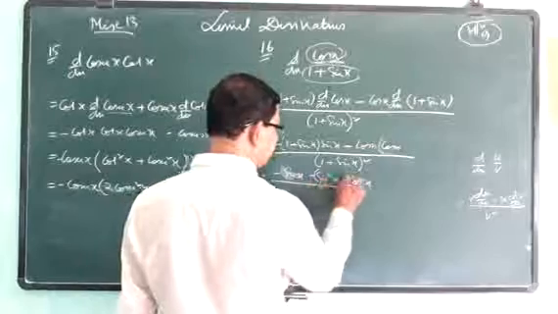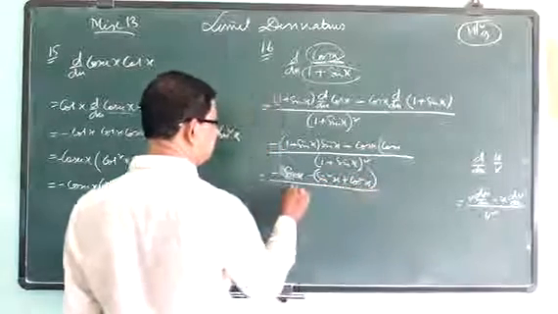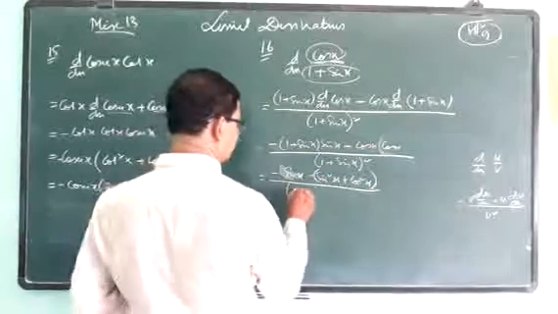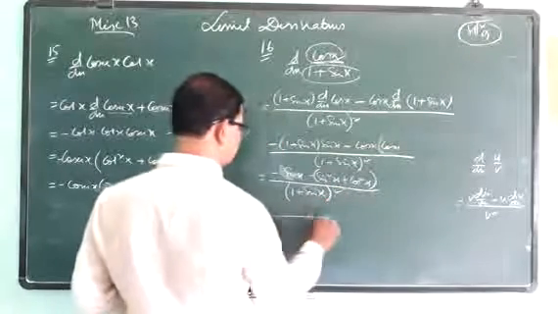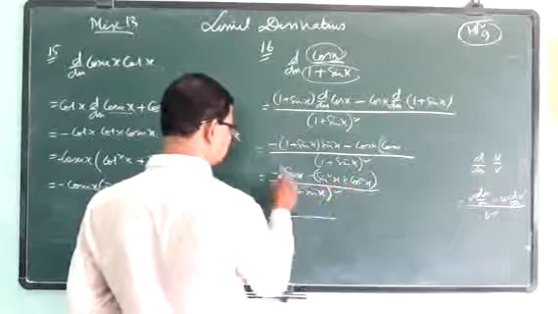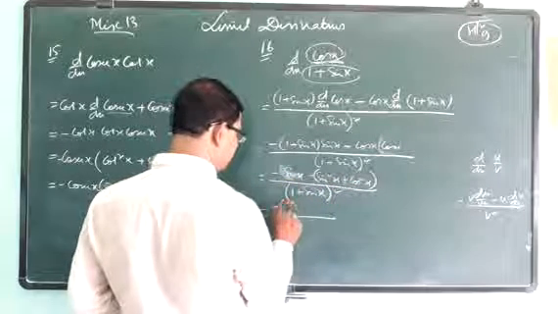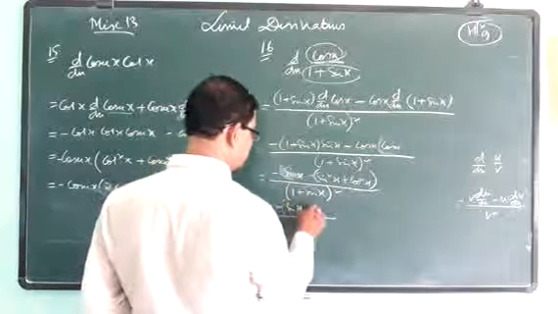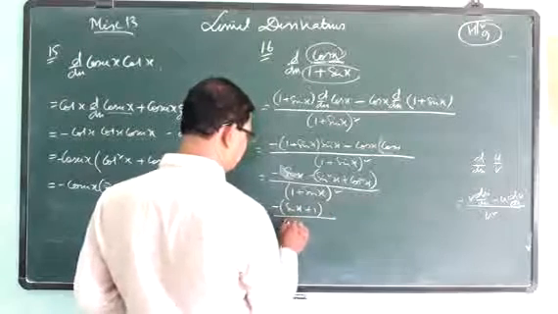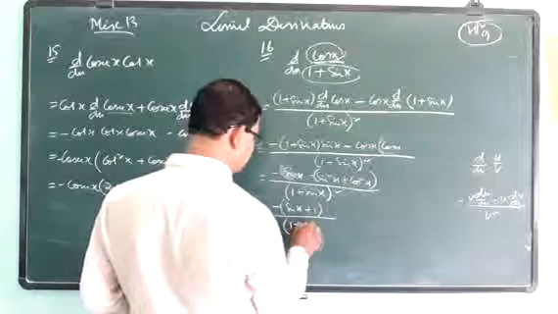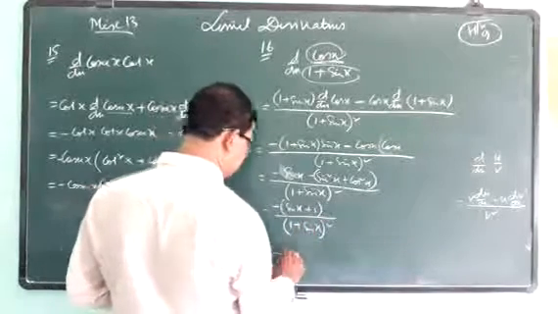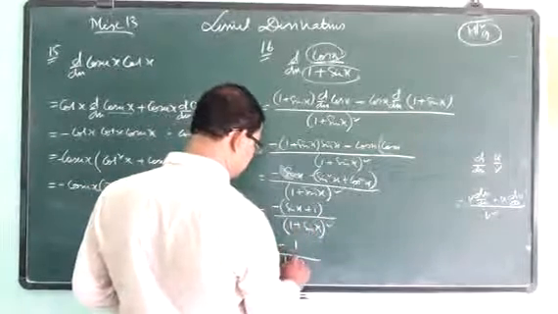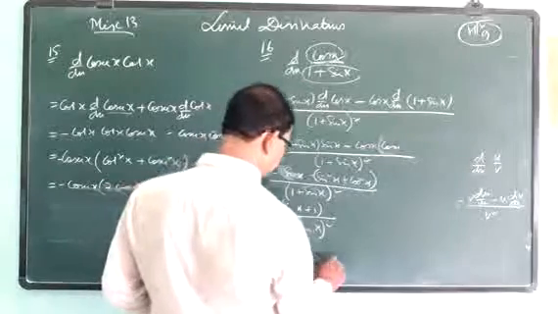If we take minus common, sin square x plus cos square x gives 1, so it is minus (sin x plus 1). Over (1 plus sin x) whole square, we can cancel one factor and ultimately we get minus 1 by (1 plus sin x).